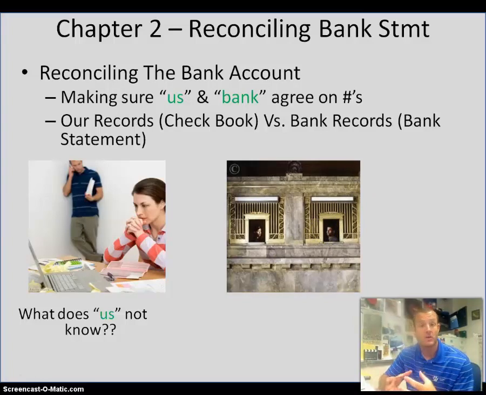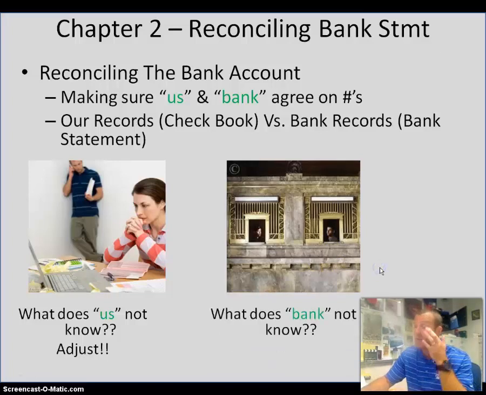There are things that the bank knows about that we don't know about. And what we have to do on our end is make that adjustment of adding the things that the bank added in that we didn't know about and subtracting the things out that the bank subtracted out that we didn't know about.